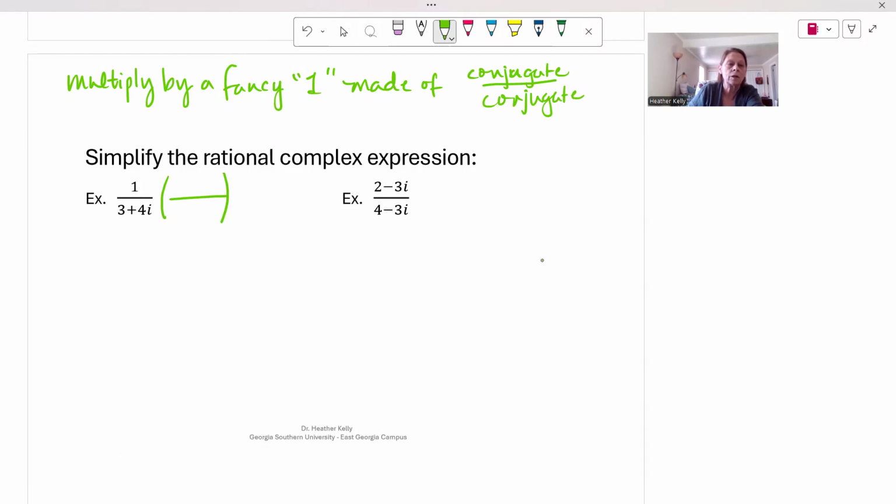All right, and so here the conjugate is going to be 3 minus 4i, and what we do to the bottom, we do to the top.